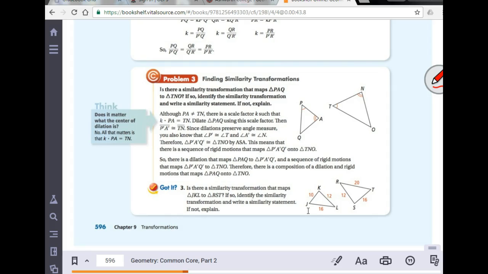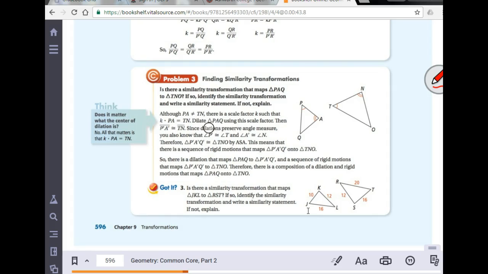So, if we dilate PAQ by whatever that scale factor is, then it would end up being this, because all the sides look like they would be proportional to whatever that K factor is, we don't know that number, but we do know that if we use that, then PA will equal TN.